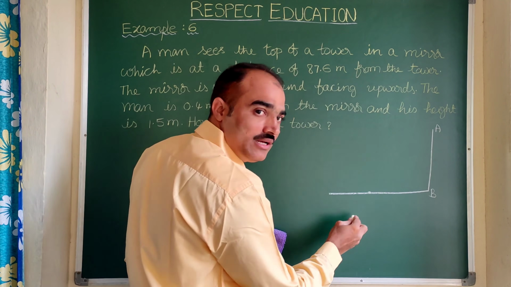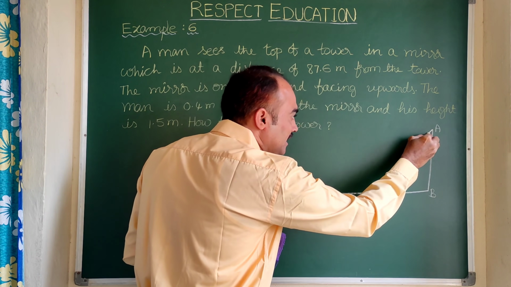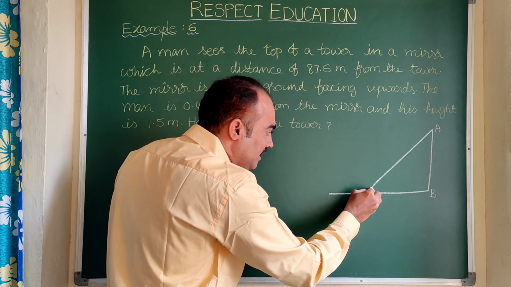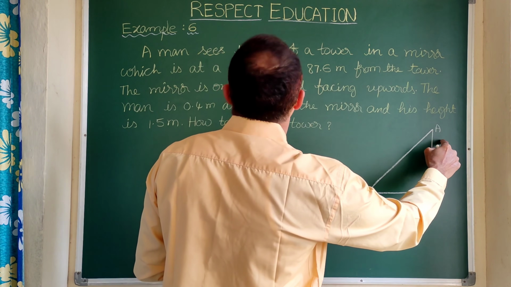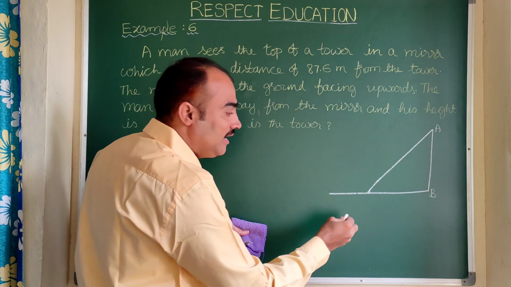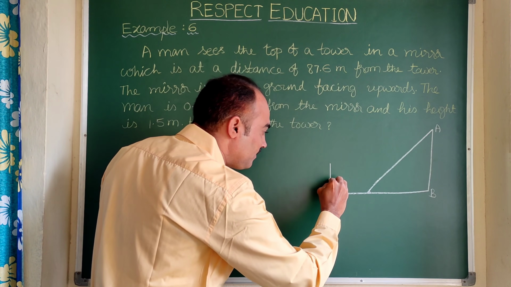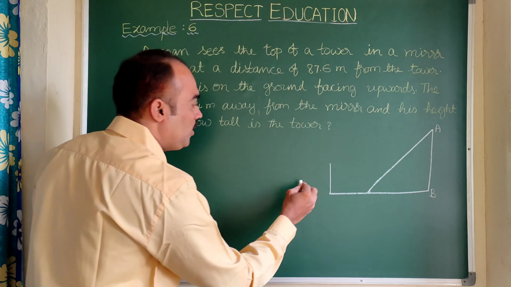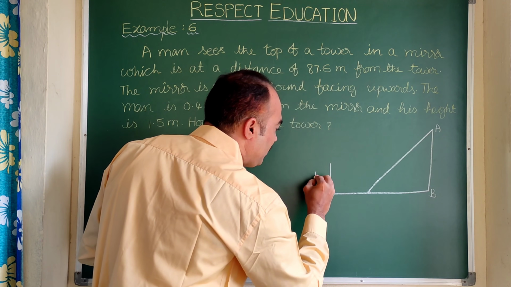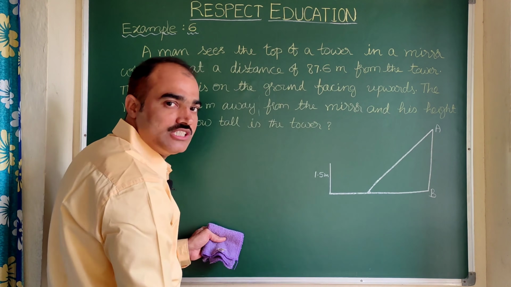This is the position of the mirror which faces upwards, and the person is observing the image of the tower's top in this mirror. Where this person is standing here, whose height is 1.5 meter. So the person's height is 1.5 meter, and this is the position of the mirror.